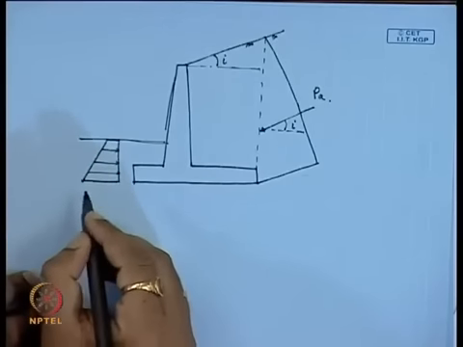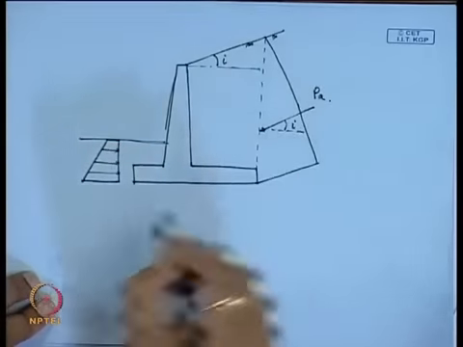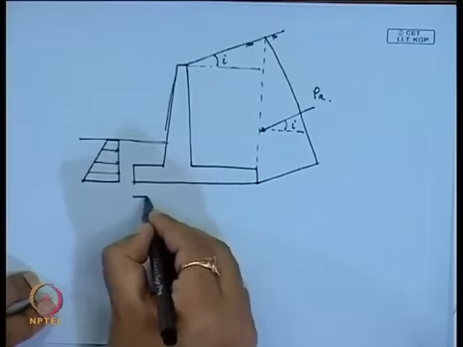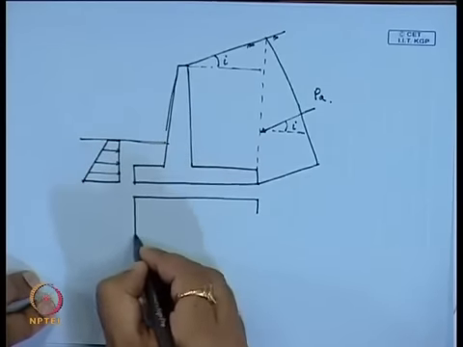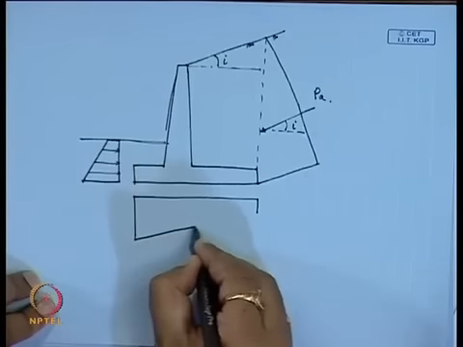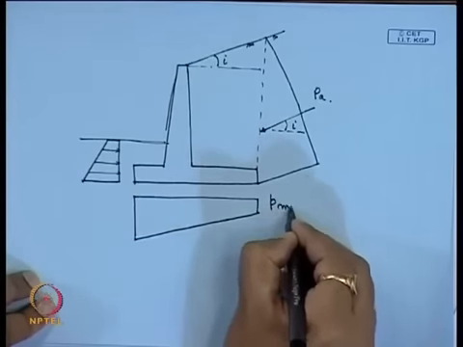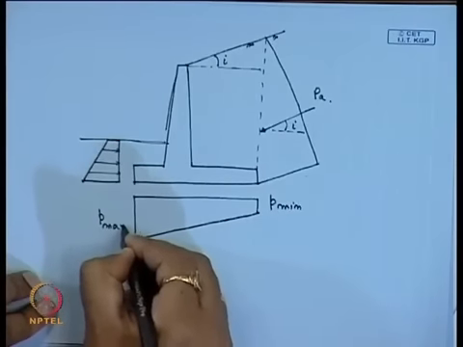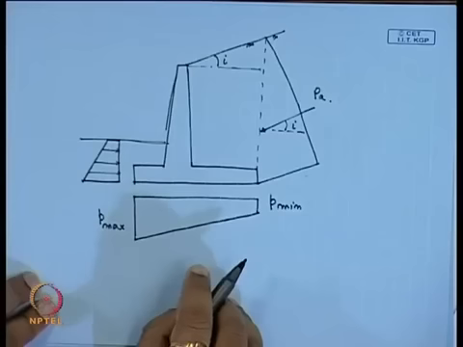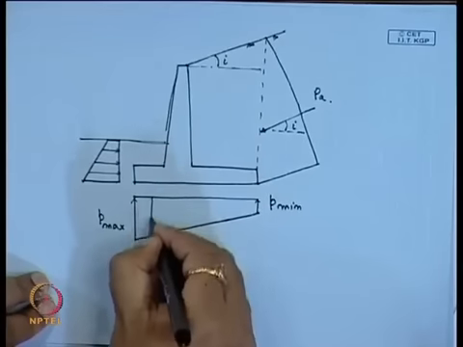So, this is our C type of soil. Now, here we will consider this passive pressure, and this is the reaction force that will act in the base in this form. That is P min and this is P max. So, this reaction will act in this form.